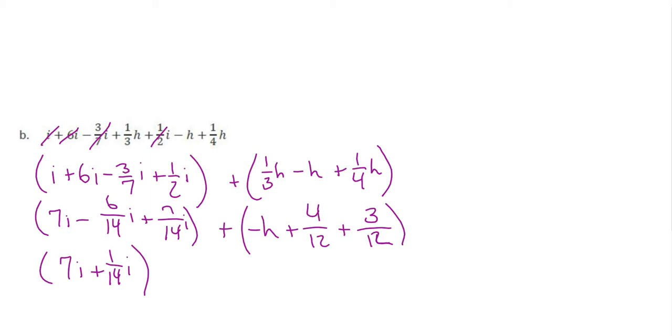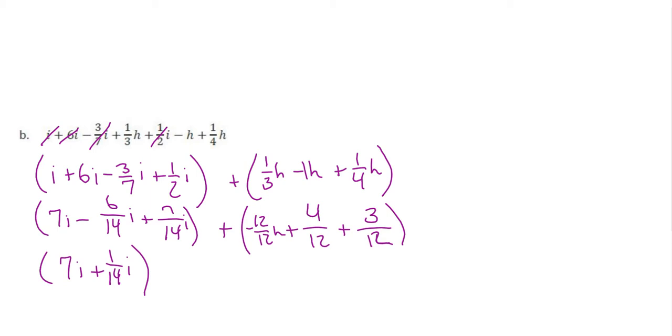Is the 4/12 plus the 3/12 going to give me a whole? No, it is not. So let me go ahead and convert this real quick. So I'm going to erase it, and since it's only a negative 1h, it's going to be a negative 12 over 12h. Because a negative 12 over 12 is going to equal a negative 1. Now, let's solve it. Negative 12 plus 4 is going to be a negative 8.